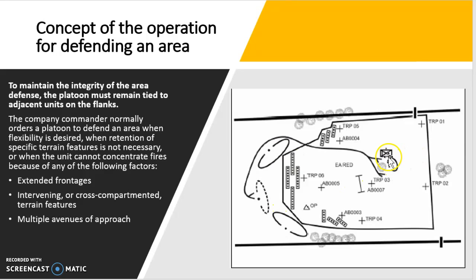This squad, which looks like some type of infantry anti-armor squad, is going to bound back and move to this secondary position. If they maybe can't defend against the enemy continuing to move west, they're going to bound back, or just as a coordination measure, the enemy reaches a certain TRP here or here, and they want to call for fire on these TRPs, then they're going to move back to this position.